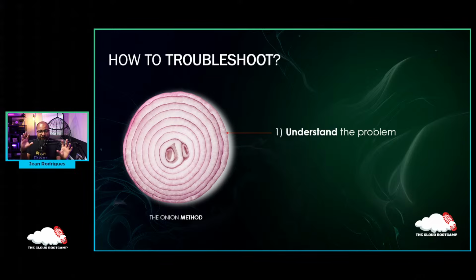Because think about that. If you don't understand the problem in a high-level way, really properly, what's going to happen next is all your investigation and troubleshooting is going to be taken in a wrong direction. Do you guys agree with me?